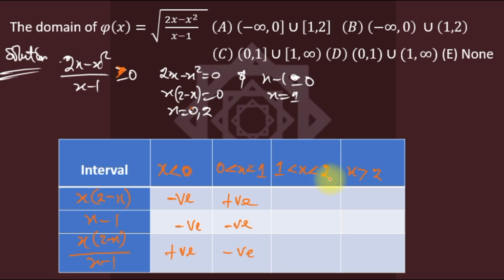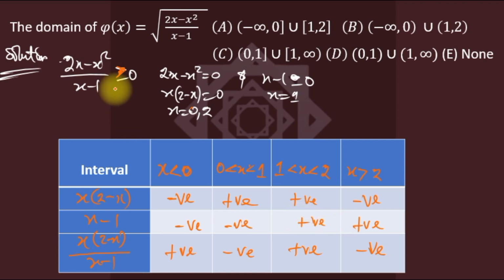Numbers between 1 and 2, that is 1.5: positive times positive is positive, and the denominator is positive, so positive divided by positive is positive. Numbers greater than 2, maybe 3: positive times negative is negative, and the denominator is positive. Negative divided by positive is negative.